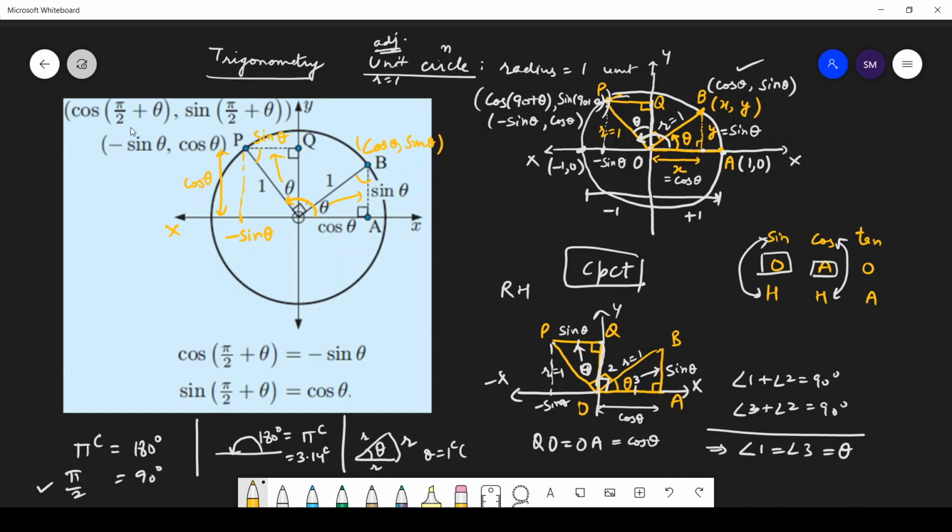So it means that cos of 90 plus theta is equal to minus sine theta, and sine of 90 plus theta is equal to cos theta. So we have proved that cos of 90 plus theta is equal to minus sine theta, and sine of 90 plus theta is equal to cos theta.